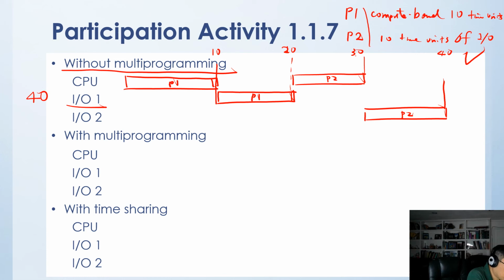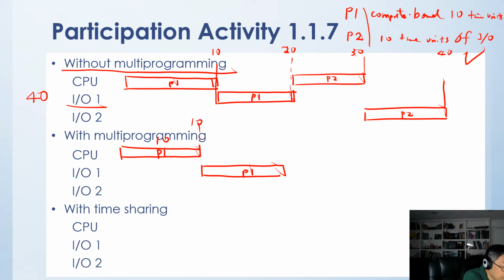Now let's take a look at the second case. If the operating system supports multi-programming, what happens? Again, we assume P1 starts first. P1 takes the CPU, runs for 10 time units, and completes at time 10. It is then followed by the I/O operation for P1.